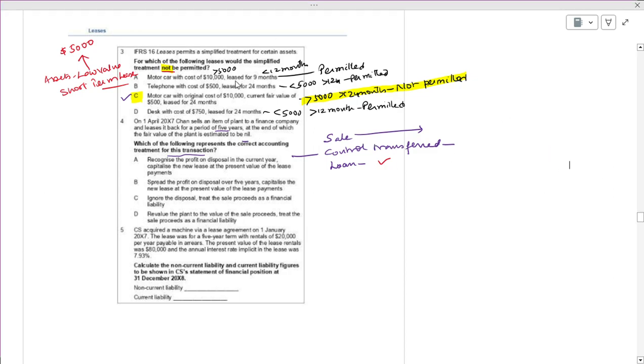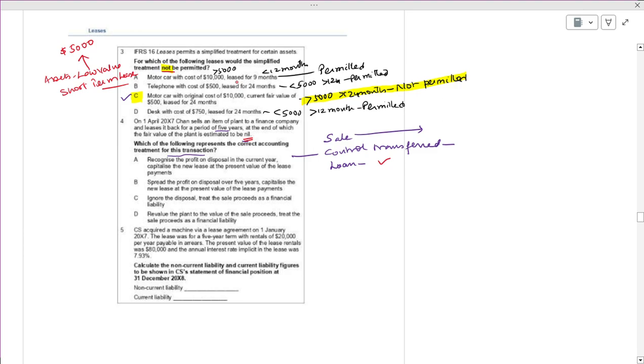See, listen carefully. Chayan sells an item of plant to a finance company and leases it back. It means he has taken a loan. Ownership is not transferred. For 5 years, at the end of which the fair value of the plant is estimated to be nil.